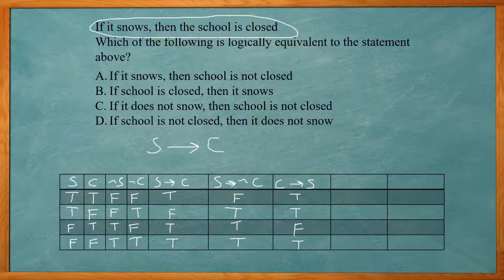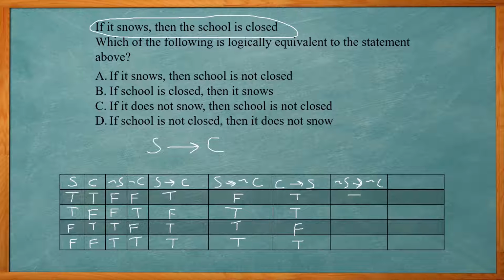If it does not snow, then school is not closed. So if it does not snow, that's not S, implies school is not closed, so not C. So I'm going to look at the not S column and not C column. So go down the different rows. Does false imply false?